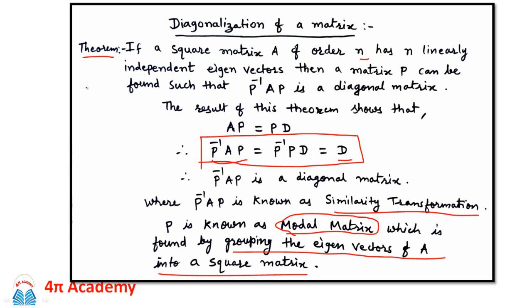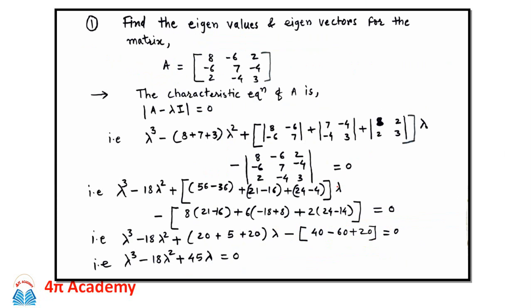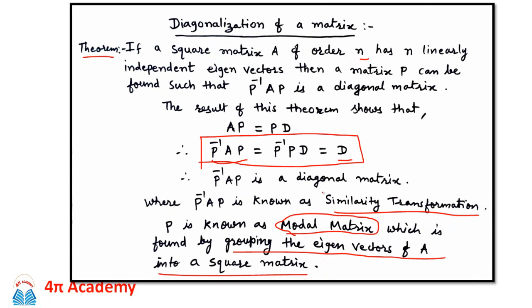Let us take an example, and from that you will have a clear understanding of what is meant by the method of diagonalization of a matrix. For any matrix A, if you want to diagonalize that matrix, then the first thing is you need to find the modal matrix, because in order to diagonalize this matrix, the formula is P inverse AP.